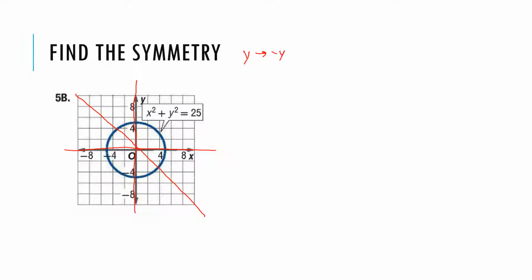Then I get x squared plus negative y squared equals 25. Then x squared plus, well, this square takes care of the negative, and I still get y squared equals 25. So that's true. X goes to negative x.